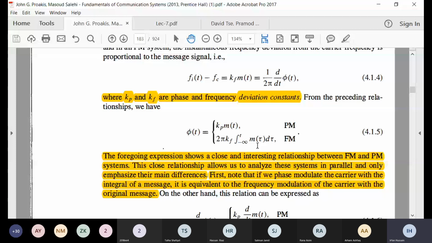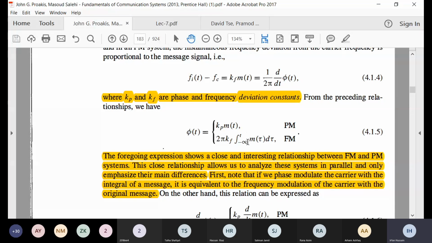So we can say that phase modulation of the carrier with the integral of the message signal gives me an FM signal. All right, you are doing phase modulation, but you have integrated the signal before. And integration times a constant is actually FM.